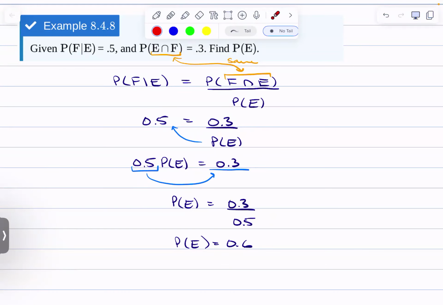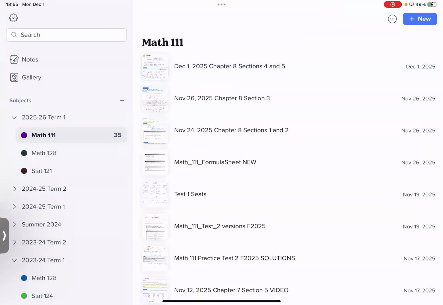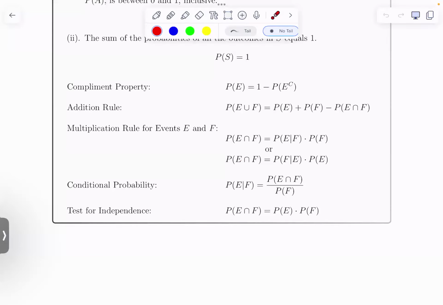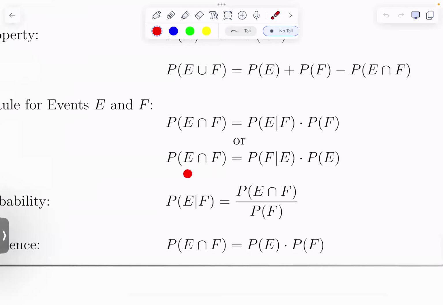Let me just check the formula sheet because it's on here. If we just rearranged in general, the probability of E and F is the probability of F given E times the probability of E. And so it's sort of on there.